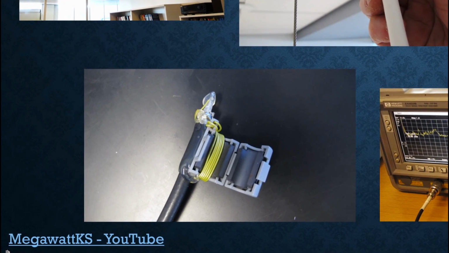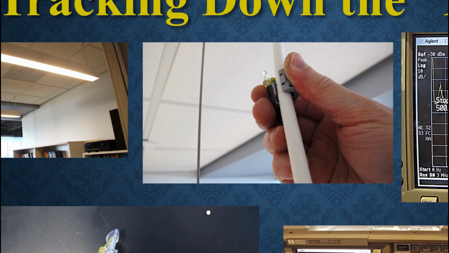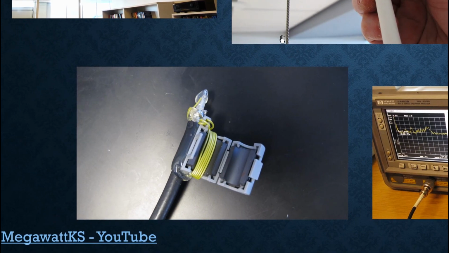It's not very fancy, but it does the trick. This is a little split ferrite that I would then close around the wire, as you can see here, when I'm taking measurements. And I have a piece of RG58 cable that goes to this winding that I just wrapped several turns around. Nothing fancy here, but it obeys the physics.